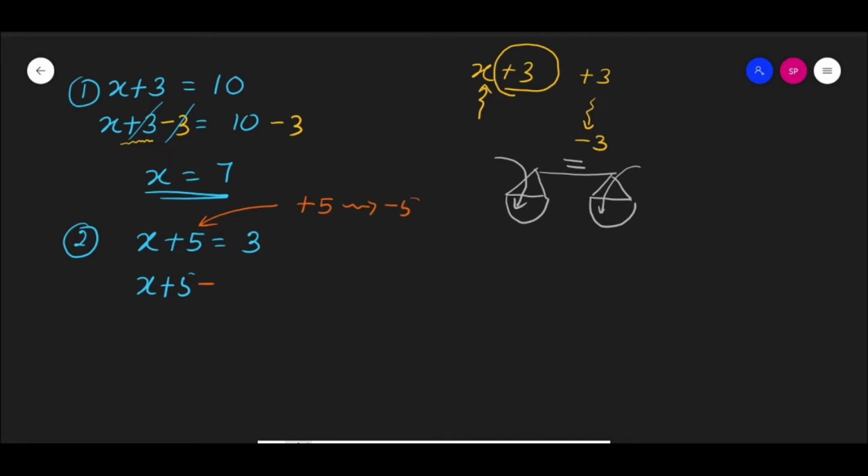So put the minus 5 on either side. 3 minus 5, then you can remove this 5, and this side becomes x. Now, what is 3 minus 5? Minus 2. Consider the sign.